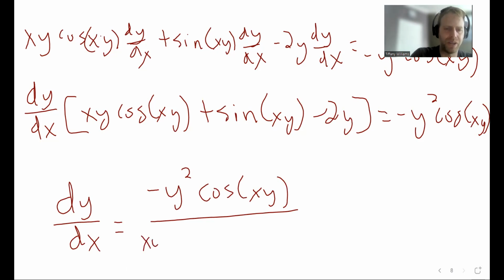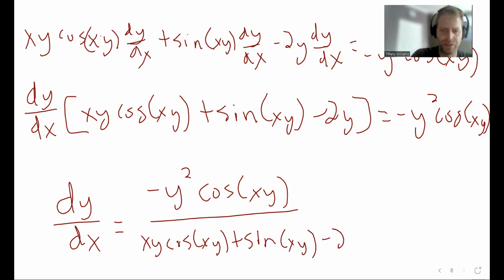So we put xy cosine xy plus sine of xy minus 2y. And there you go.